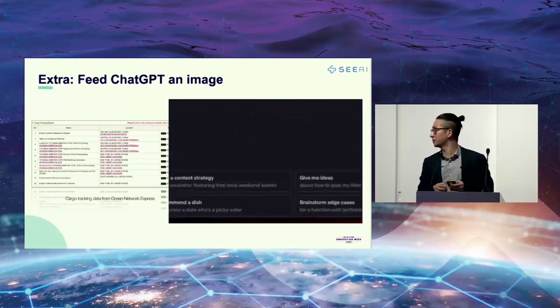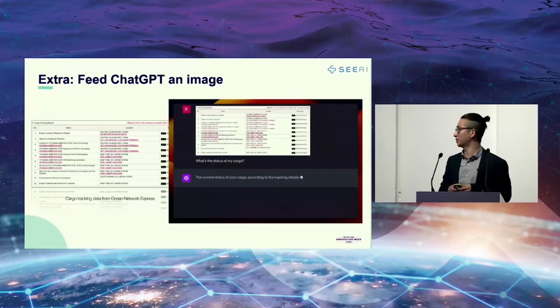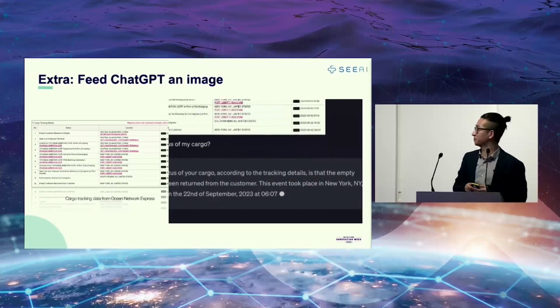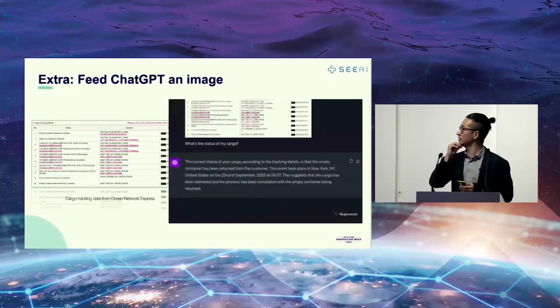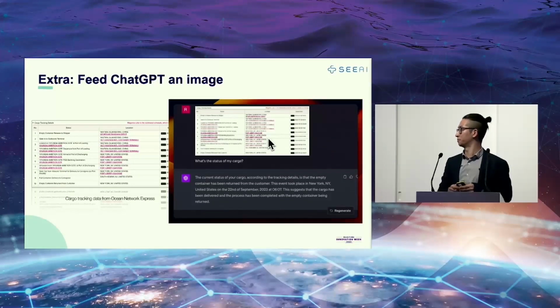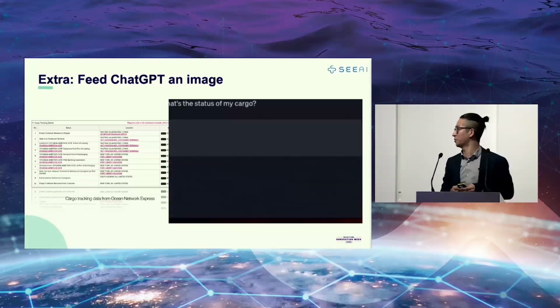And also, there's been an update to ChatGPT recently, and you can now not only input text, you can input an image. This is something that I tried. On the left, you can see a table of cargo tracking data from Ocean Network Express, which shows which route your cargo is on and how it is doing.